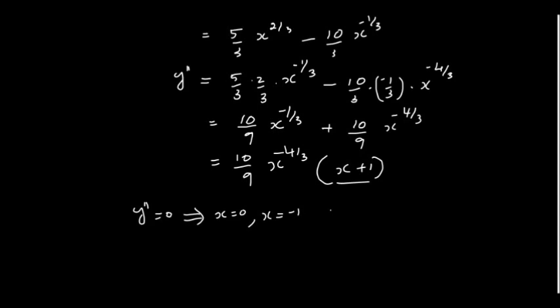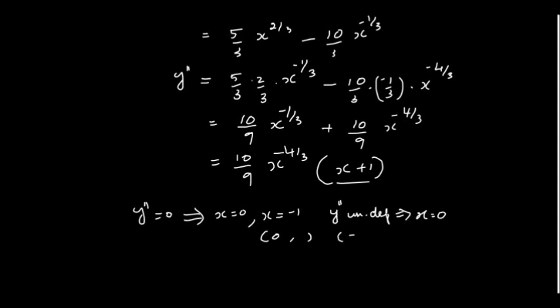In a similar way, y2 dash is undefined at x equal to 0, because x raised to minus 4 by 3 will come in the denominator, so at x equal to 0 there is a chance of y2 dash being undefined. So these are the possible points of inflection.